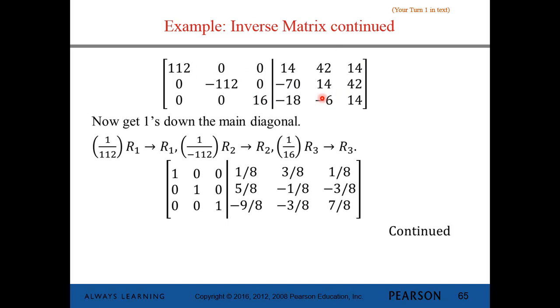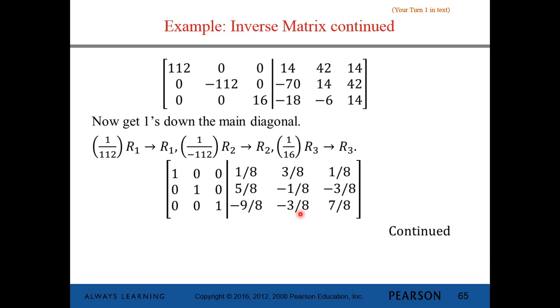So now all we have to do is divide by 112 here, divide by a negative 112, and divide by 16 all the way across, and we're done. And so this is what they do. Now we've got the identity matrix here, and we end up with this matrix over here. And this then is the inverse matrix.